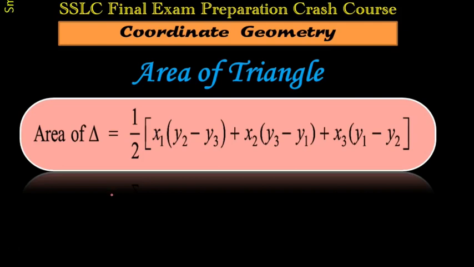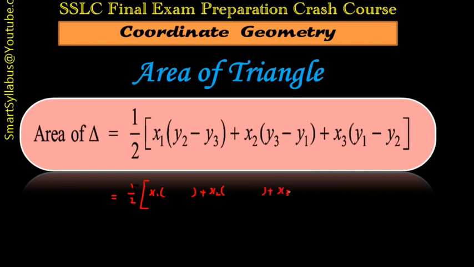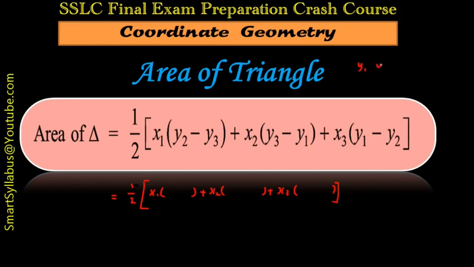Area of triangle is equal to 1 upon 2 inside the bracket. First write x1 plus x2 plus x3, and complete the bracket. Now x1, x2, x3 we already wrote. Now remaining are y1, y2 and y3.